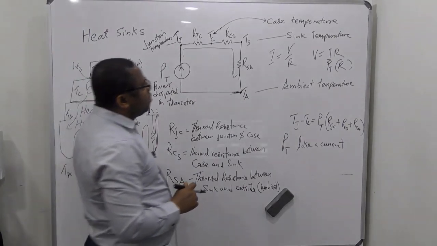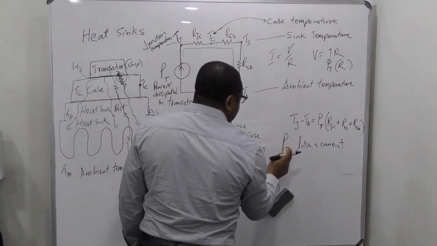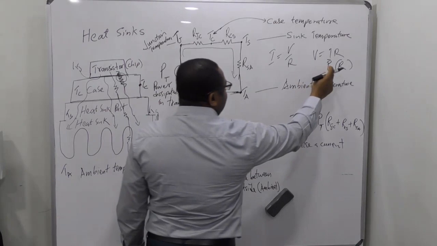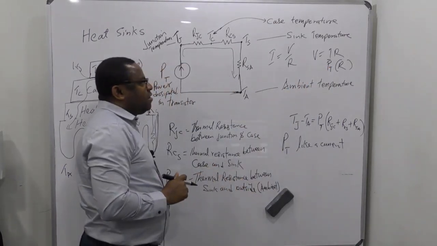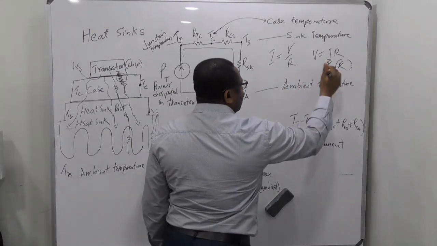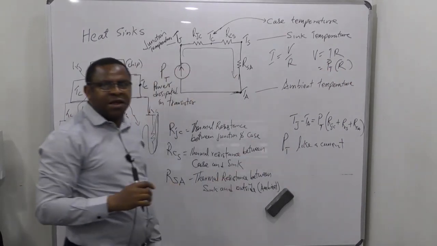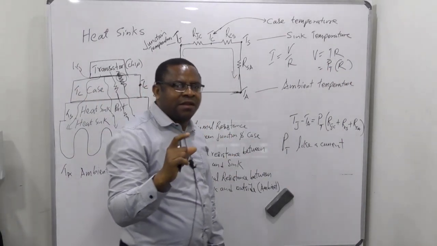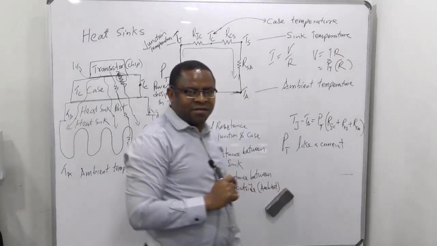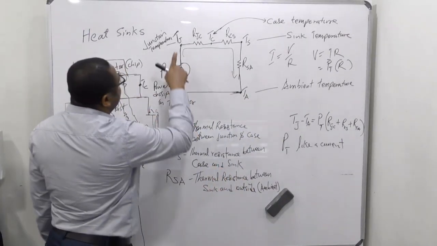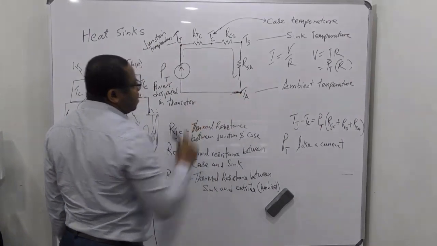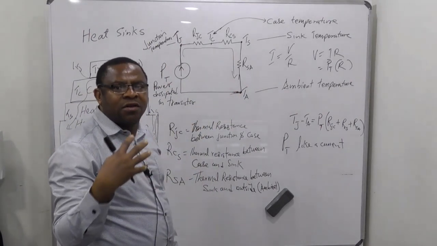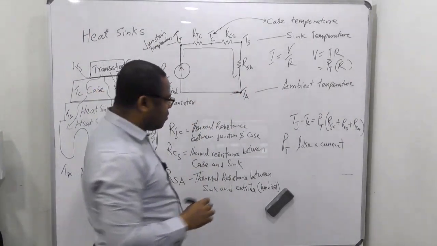Okay? So it means that this P, if I take it as a current, multiplied by the thermal resistance, will give us something that looks like a voltage. But in this case, this is the temperature difference. So the temperature difference between this point and that point is like your difference in voltage. Okay?